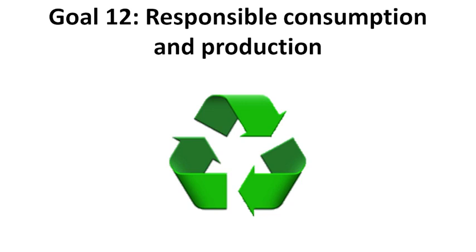Third, reduce by half the per capita global food waste at the retail and consumer levels. Fourth, achieving the environmentally sound management of chemicals and all wastes through the life cycle. Fifth, reducing waste generation through prevention, reduction, recycling, and reuse.